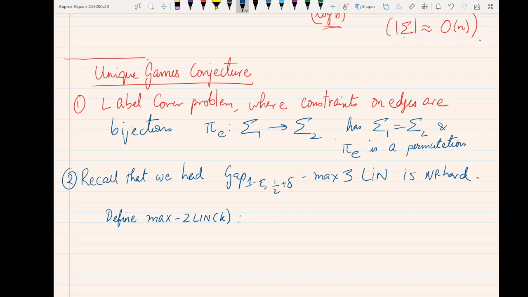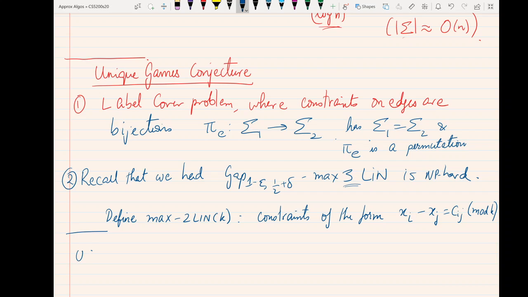So in this, the constraints are of the form some variable xi minus some variable xj is equal to cij, but you go mod k. Now in the 3-lin version, we were always going mod 2 because it was over F2 and the alphabet was just 0 or 1. Here you need to go to a larger alphabet.